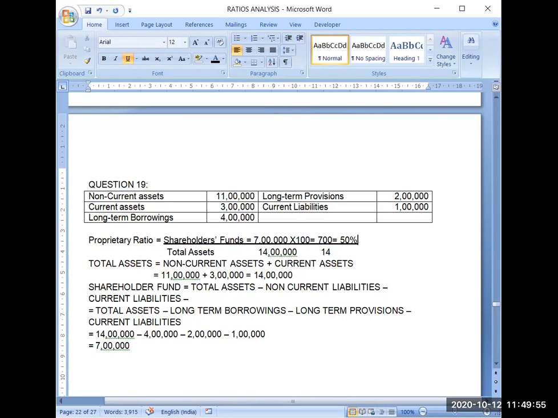If you will divide 700 by 14, it will come 50, and because here I have multiplied it by 100, that's why this ratio will be expressed in 50 terms. Otherwise, it will be only 7 upon 14, and your answer will be 0.5:1.